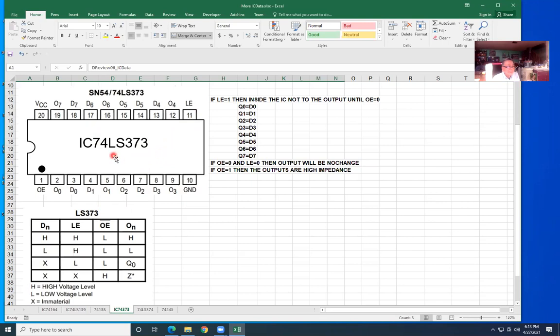And if you want the input inside here to appear at the Q output, then OE must be 0. With LE at logic 0, you can change the input data here, but it cannot go inside this IC. That's how this IC works.